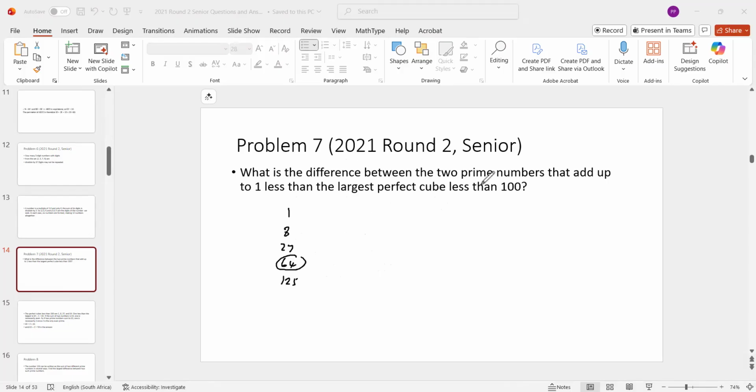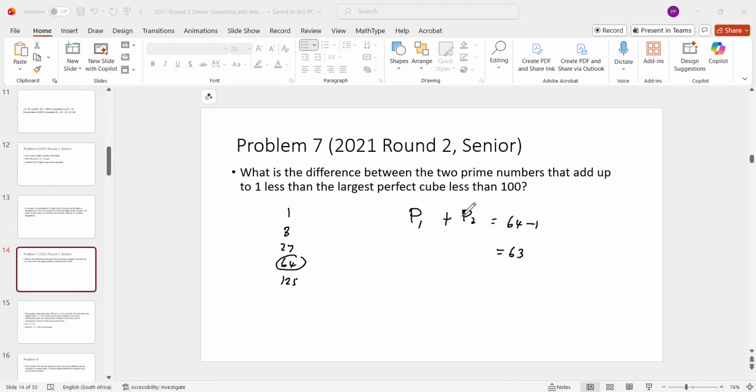So the two prime numbers, called P1 and P2, between the two prime numbers, the sum is 1 less than 64, which is 63. They asked what is the difference between those two prime numbers. But first, you have to know which two prime numbers you must add to get 63.